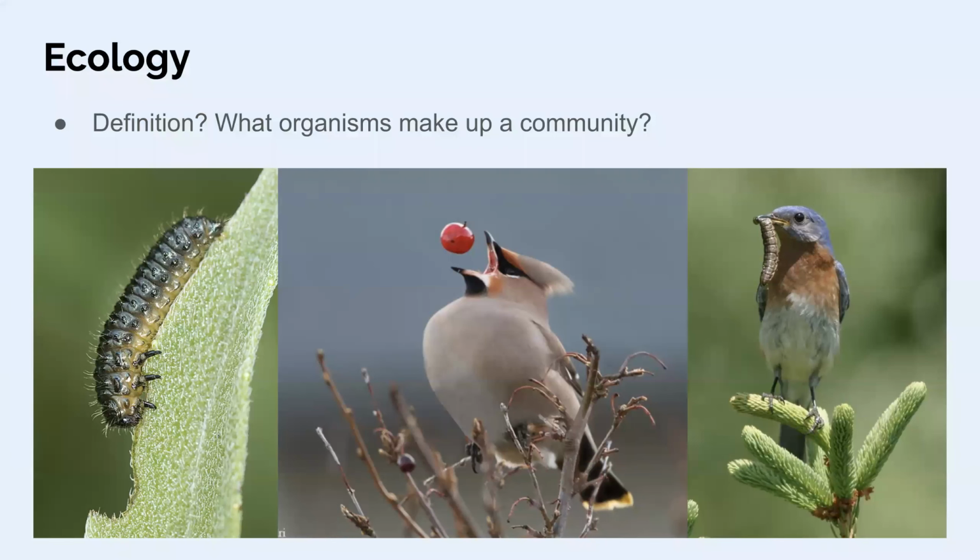So I mentioned ecology. We can work our way up the ecology food chain here. An animal on the left here, a caterpillar, chewing on a leaf. And then over on the right, a bird eating a caterpillar. So we're working our way up the food chain. If you want to know where this bird can be found, it might have certain animals it prefers to eat or habitats that it's more adapted to.